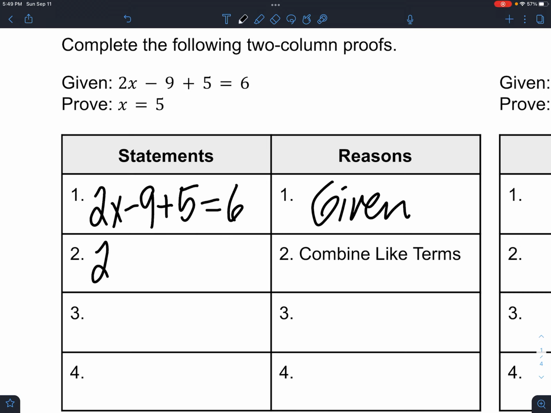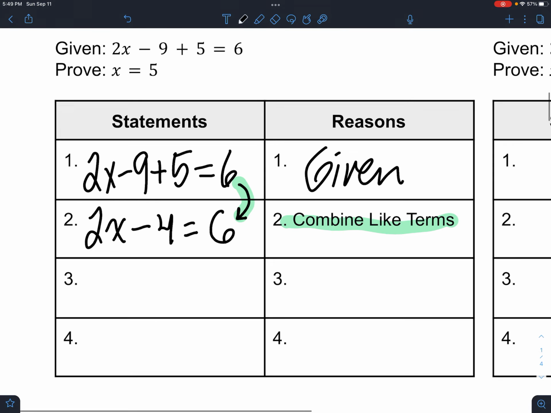So maybe I should combine these together here. So the way the reasons work is the step to go from here to here, that's what's written here. Okay? So if I just want to solve the equation, it looks like I need to prove this is x equals 5. So we can actually put this down here to kind of give us an endpoint of where to go.